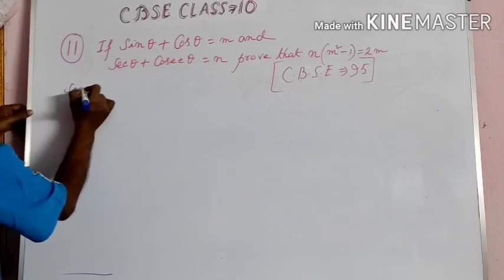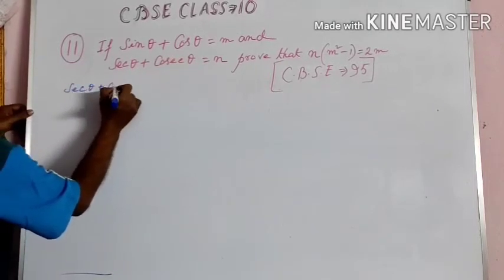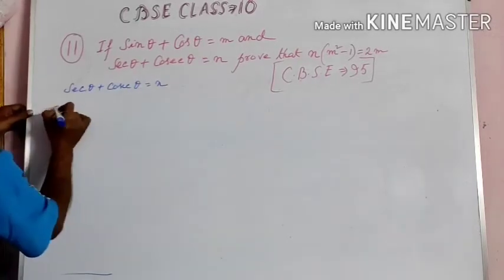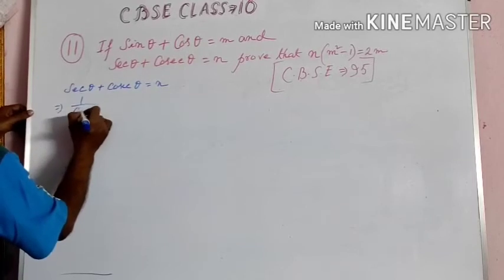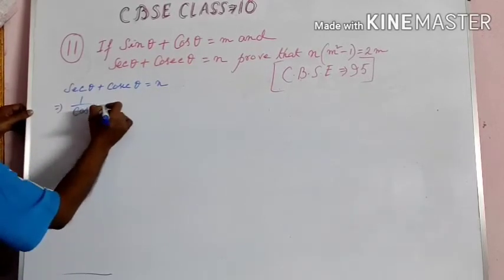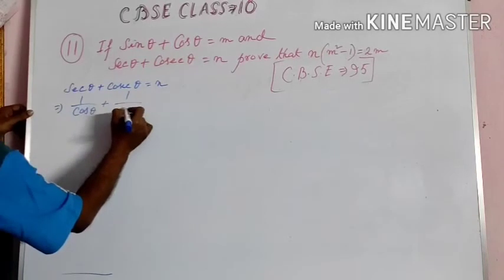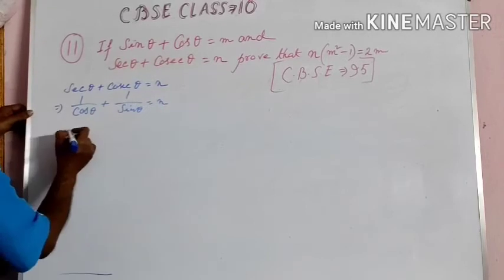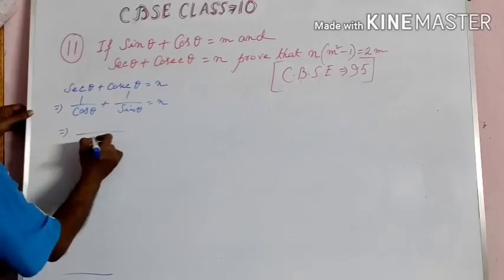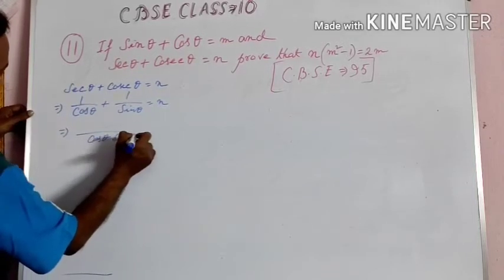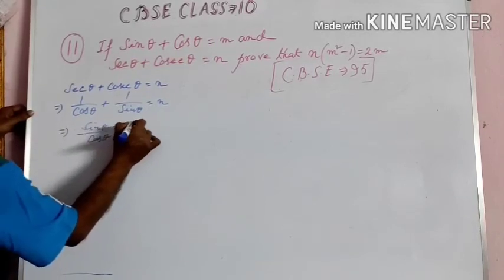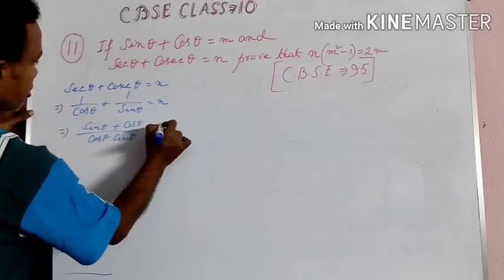So here the question is sec theta plus cosec theta is equal to n. Cos theta is equal to 1 by sec theta, so sec theta is 1 by cos theta, plus cosec theta is 1 by sin theta, is equal to n. Or, the LCM will be cos theta sin theta, so this will be sin theta plus cos theta, is equal to n.